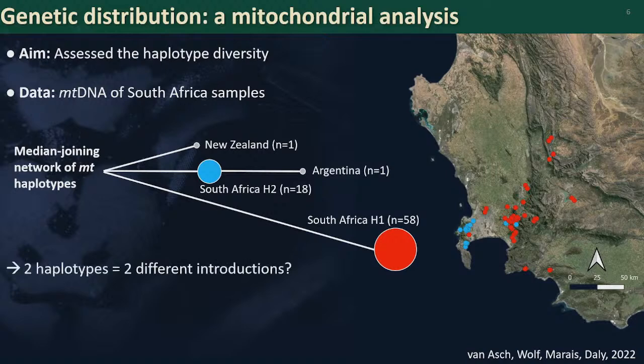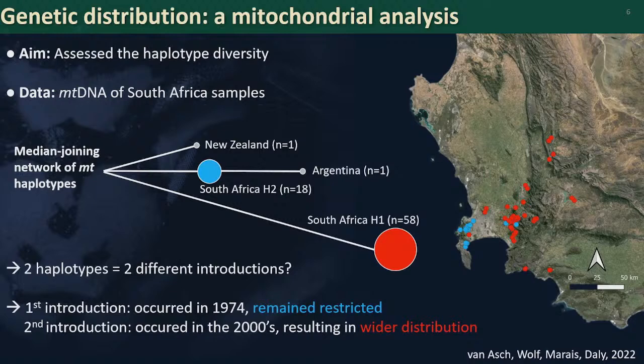So it suggests that there were probably two different introductions. The first introduction probably occurred in the 1970s, but remains restricted to that region, while the second introduction arrived probably in 2000, given the sudden expansion of the species in this region at that moment, and is maybe more adapted to South Africa and more spread.